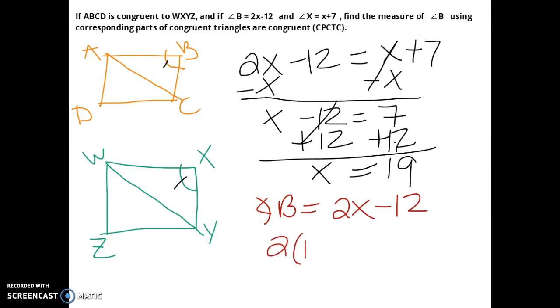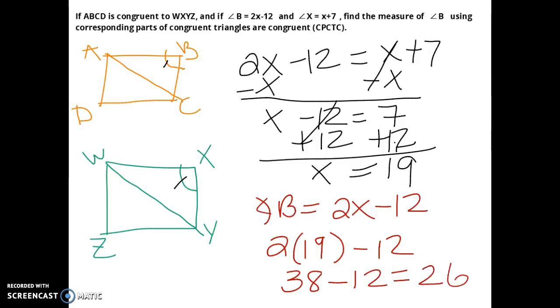So now knowing what x is, we're going to do a little bit of algebra. 2x minus 12, which is the same as saying 2 times 19 minus 12. 2 times 19 is 38. 38 minus 12 is 26. So the measure of angle B is 26 degrees. That's the correct answer.